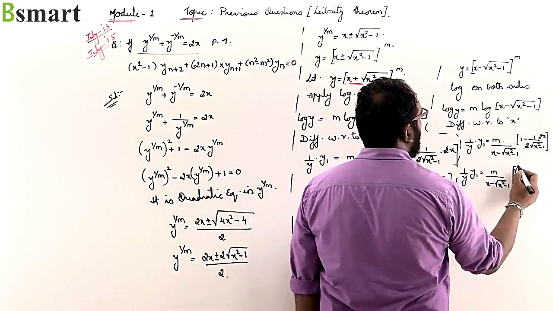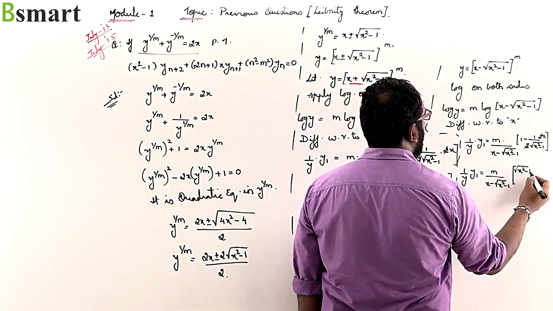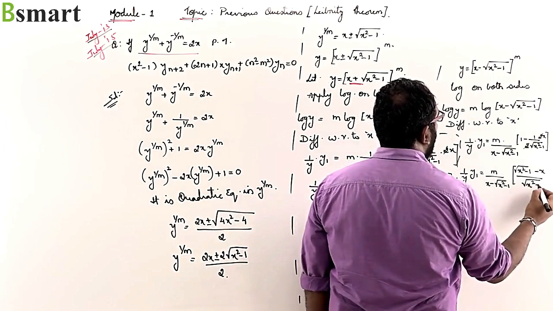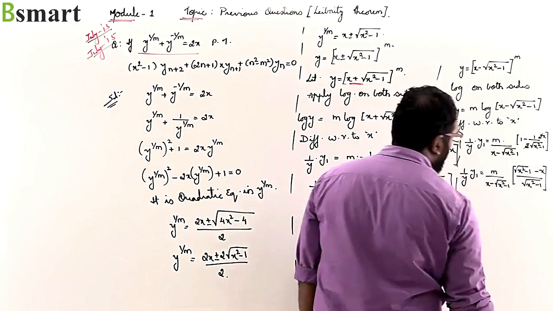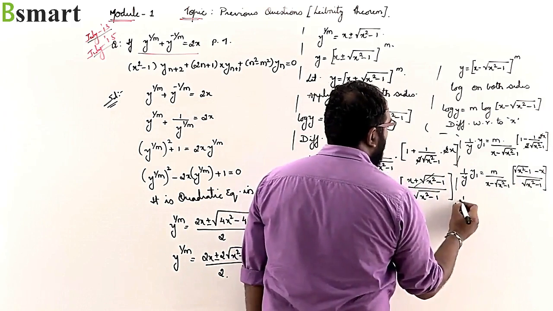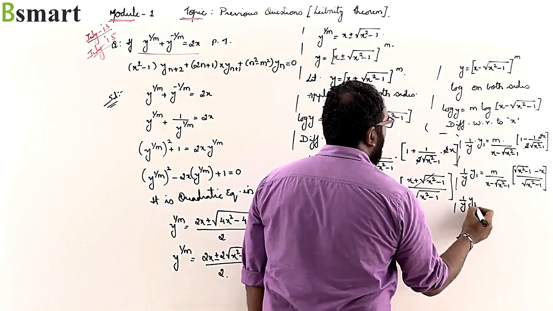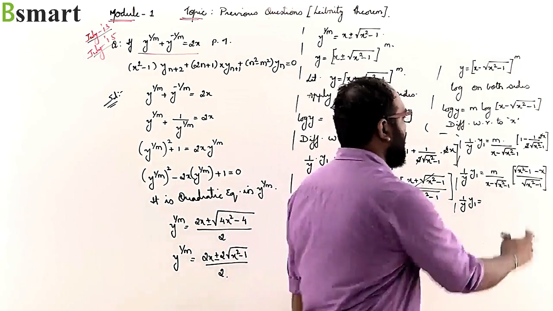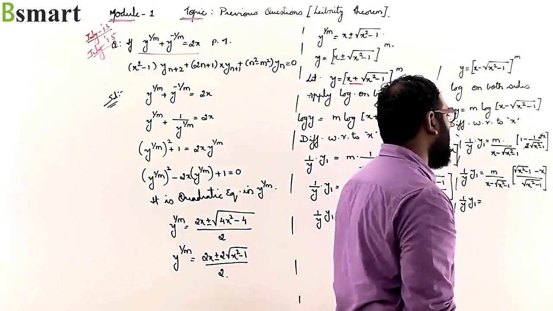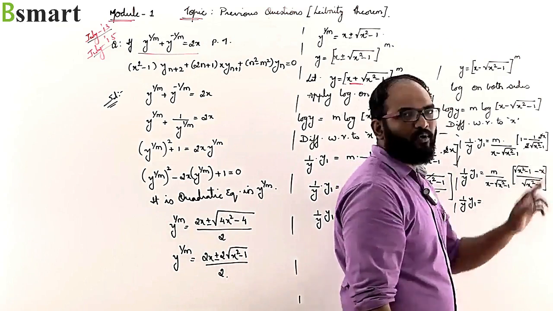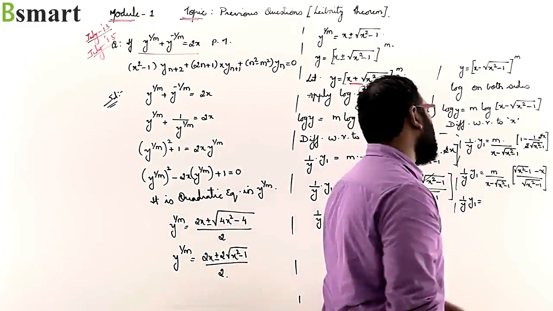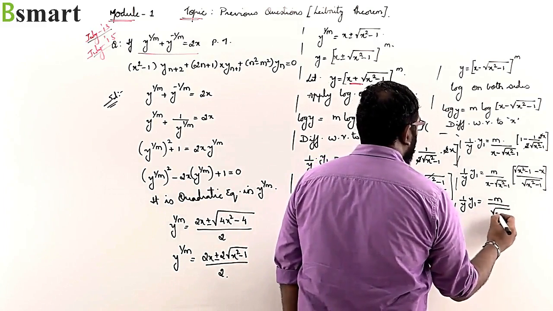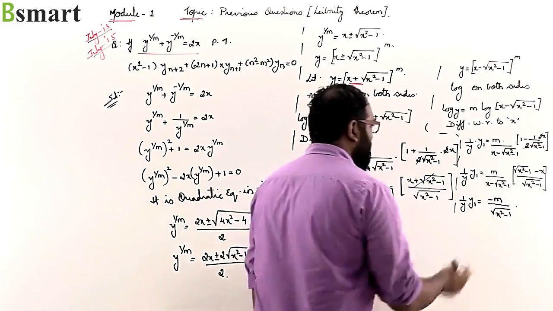So that will be root over x square minus 1 minus x by root over x square minus 1, or so that is 1 by y into y1 is equals to, so x plus root over x square minus 1, and here I'll take out minus common, that will be x minus root over x square minus 1. So these two terms will get cancelled, that will be minus m by root over x square minus 1.